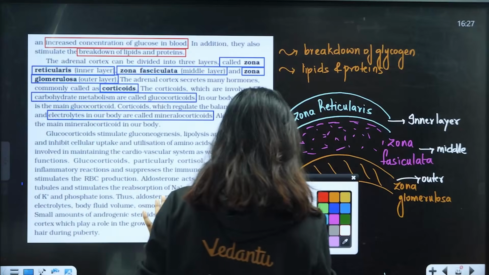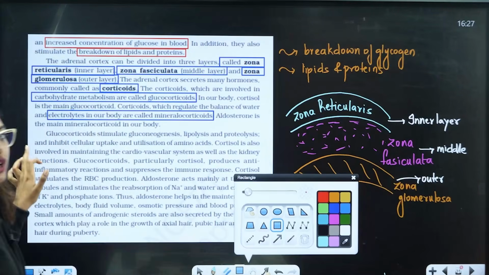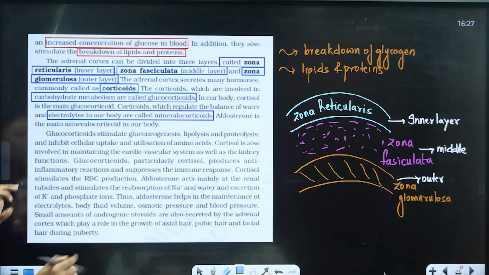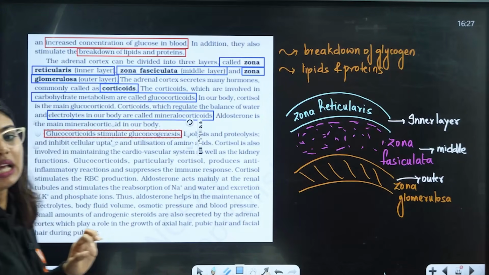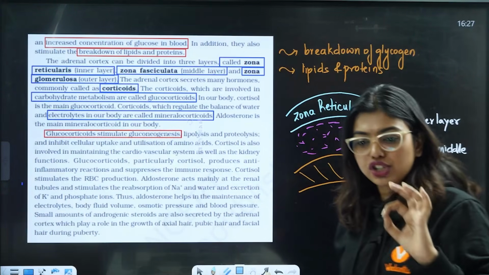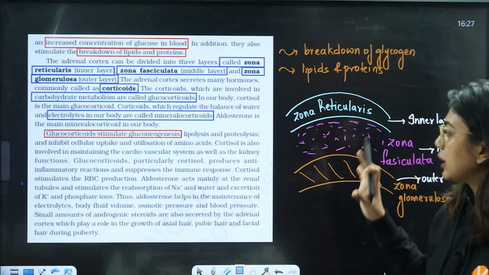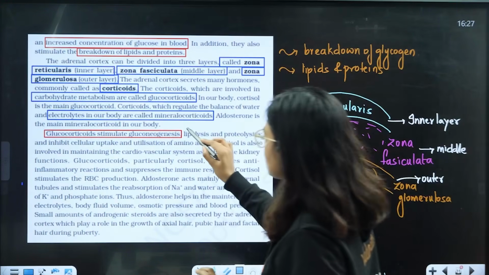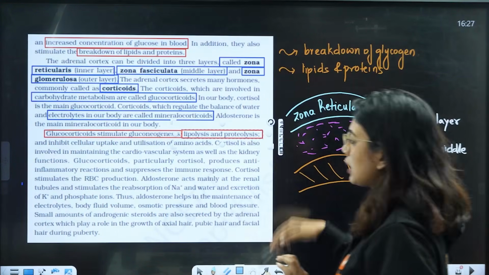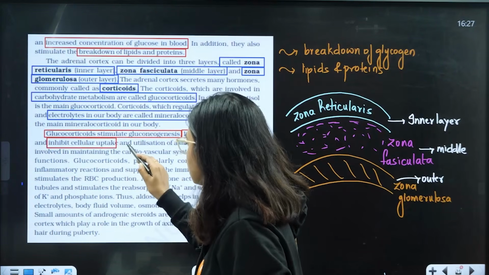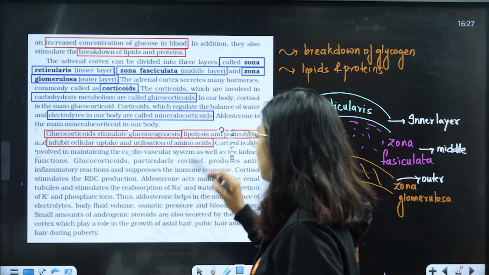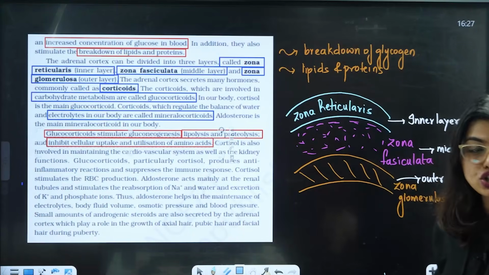And here you should understand one thing. Glucocorticoids stimulate gluconeogenesis, lipolysis, and proteolysis, and they inhibit the cellular uptake and utilization of amino acids.